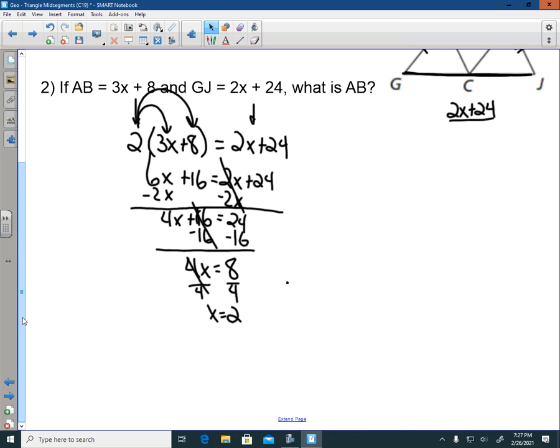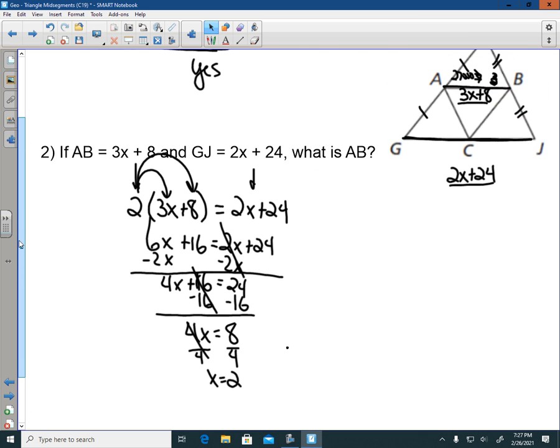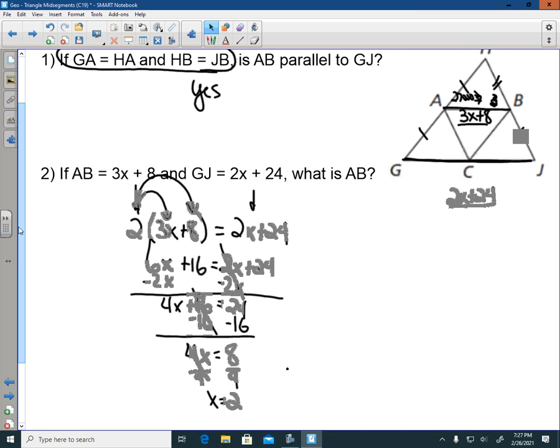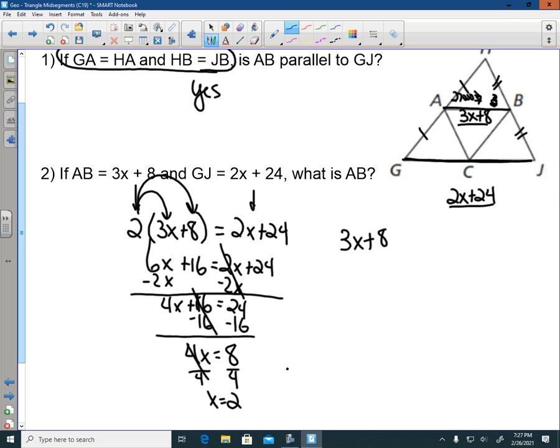But we weren't asked what x equals. We were asked what is AB. Well, that's not a problem, because we know AB is 3x plus 8. Well, we can take that 2 and jam it in and say 3 times 2 plus 8, or 6 plus 8. So 14, right? 8, 9, 10, 11, 12, 13, 14.